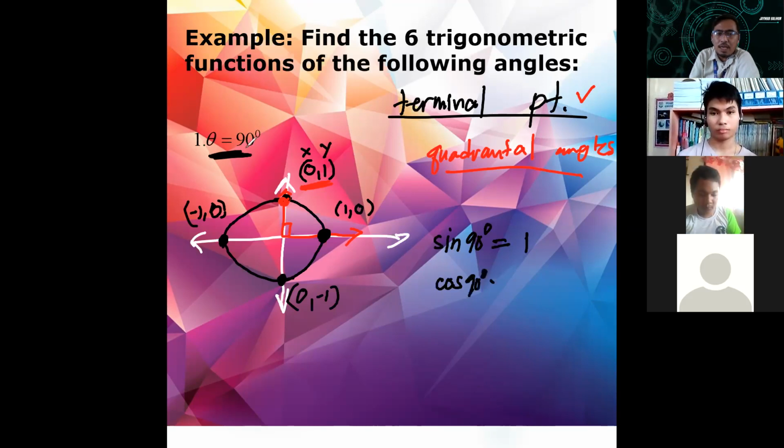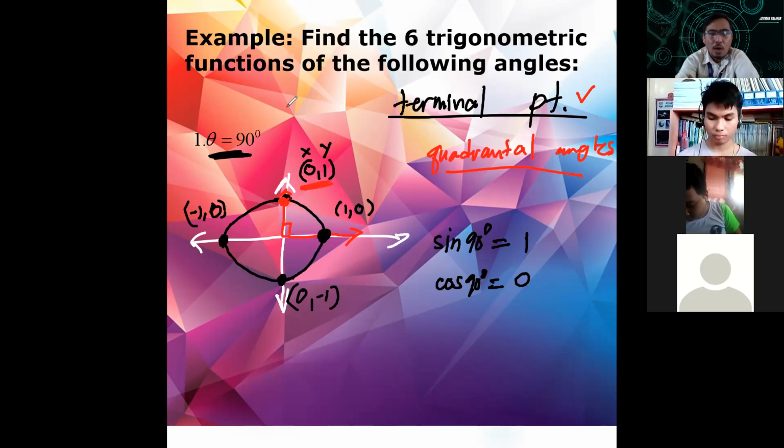Cosine of 90 degrees is just the value of your x. Sine of 90 is 1, right? Cosine of 90 is 0, right? Because that is the value of your x. As I mentioned, sine is for your y, cosine is for your x.